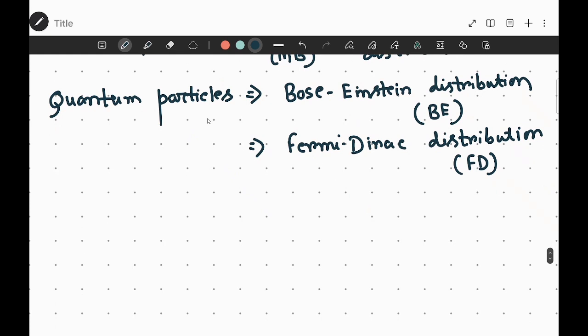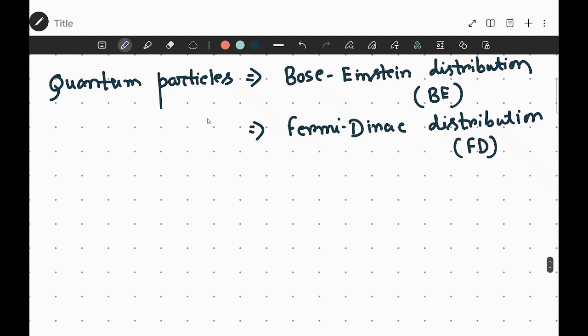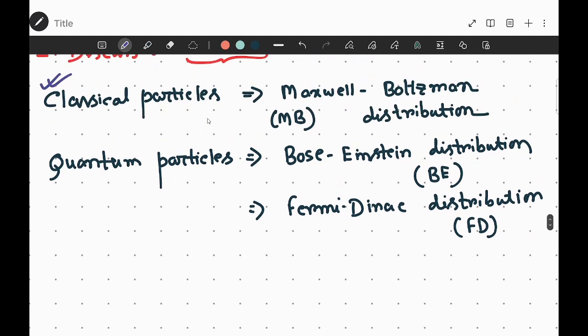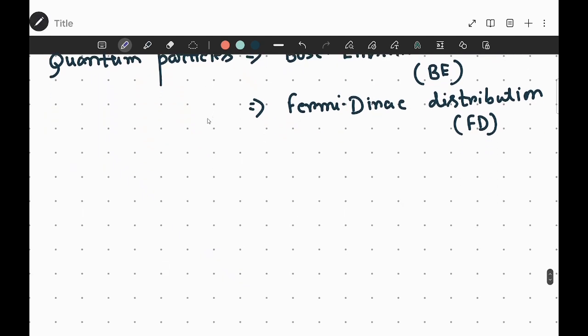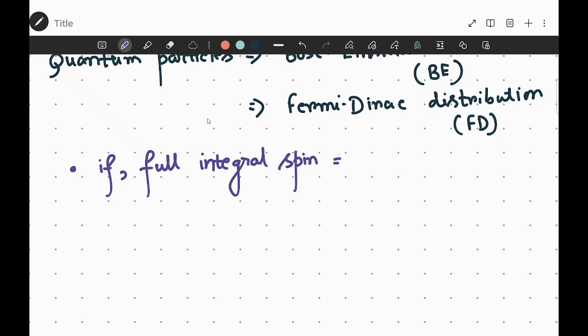How can you understand whether a particle is a boson or a fermion? Now we are talking only about quantum mechanical particles, since the classical particle is clear, MB stat. In the case of a quantum mechanical particle, if the spin is full integral, like 0, 1, 2, then it will be called a boson.